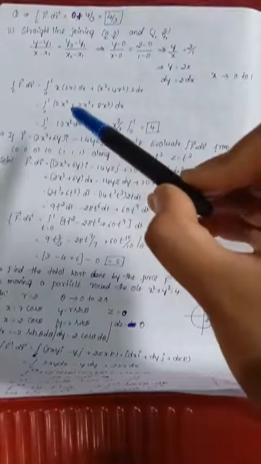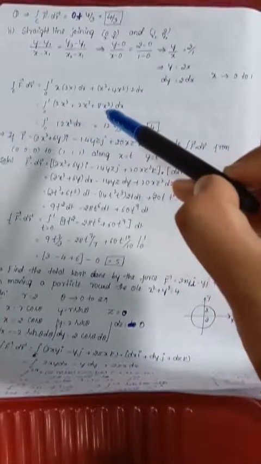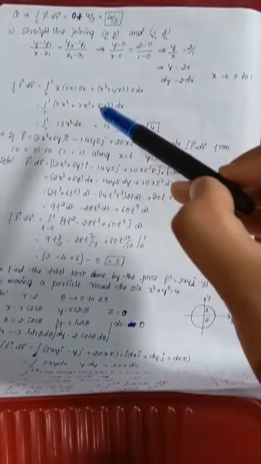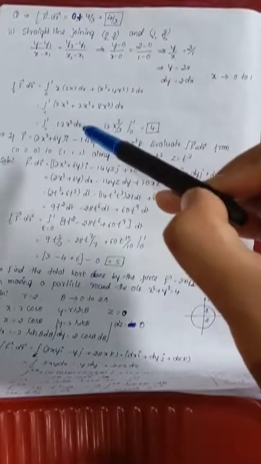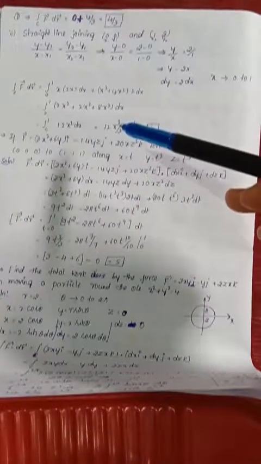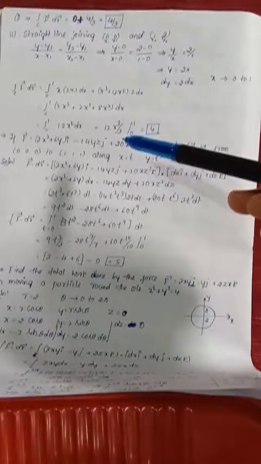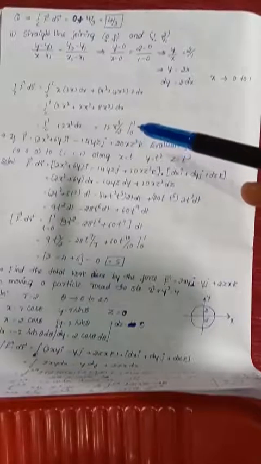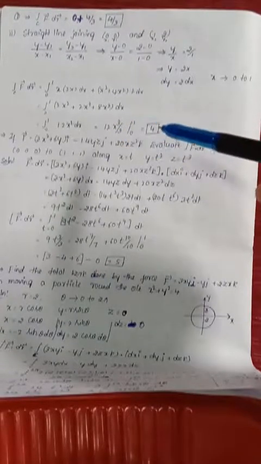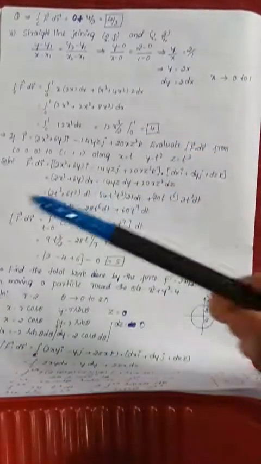Simplify. We get 2x square plus 2x square plus 8x square. All the terms are power 2, so adding these three values, 12x square with respect to x. 12 into x square integrates to x cube divided by 3. Apply the upper limit minus the lower limit. Here 3 fours are 4, into 1, 4 minus 0 becomes 4 minus 0, we get 4.